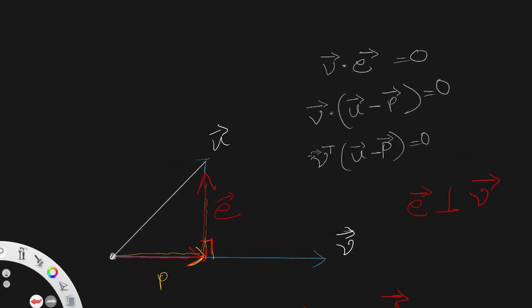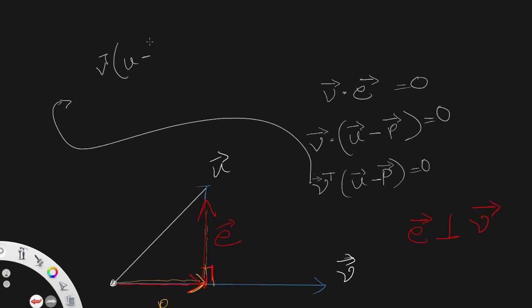So I'm going from here to here. So V transpose U minus, I'm not writing the vector signs anymore, just for my convenience, P is equal to V xv, right? X is a scalar. Let's write the vector signs. Equal to 0.